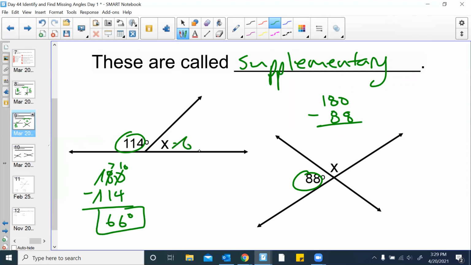So x will equal 66 degrees. And up here again, this would be 180 minus 88, which is 92 degrees. So x equals 92 degrees.